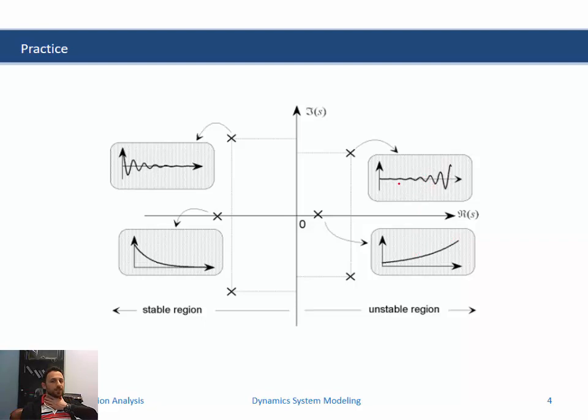And of course, if we have some imaginary part, there will be oscillations and also divergence. And again, if we have a pole on the y-axis, which is the imaginary axis, then it is called marginally stable.